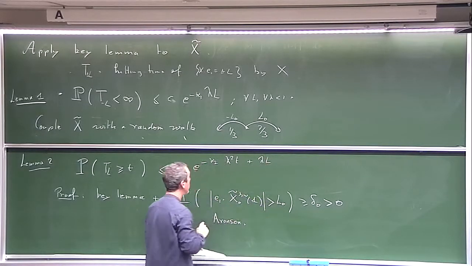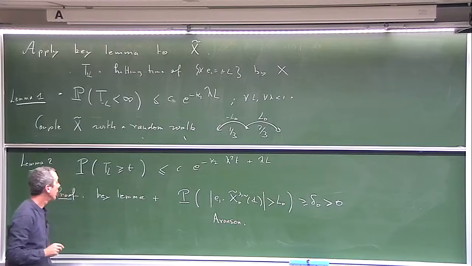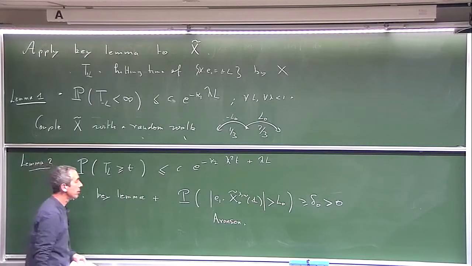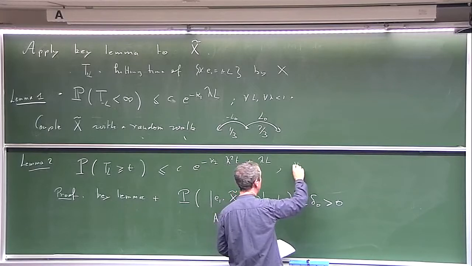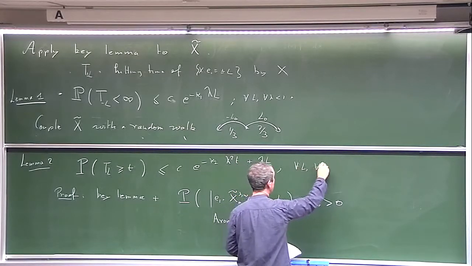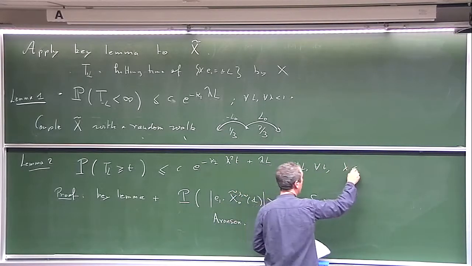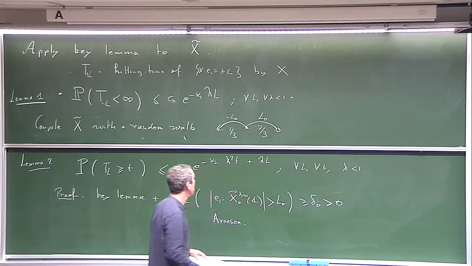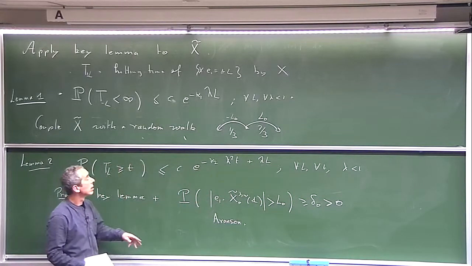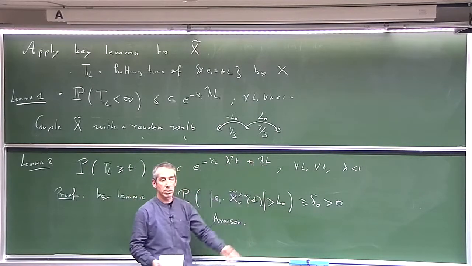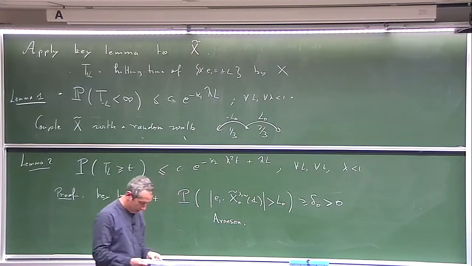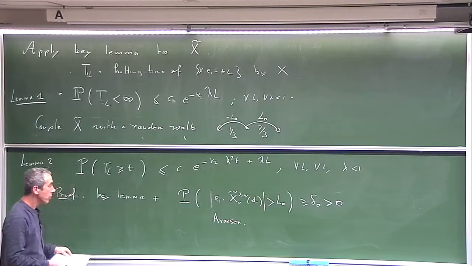No. Lambda L. Okay, and also because I put a C, this is okay for all L, for all T, and also for all lambdas less than 1. But in fact, this bound is only useful when lambda squared T is larger than lambda L. But it should always be true.